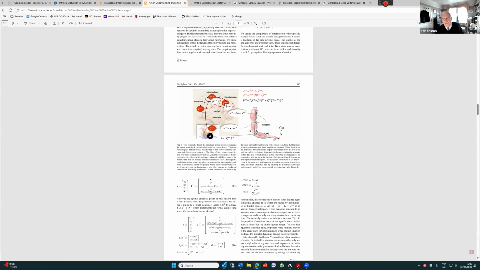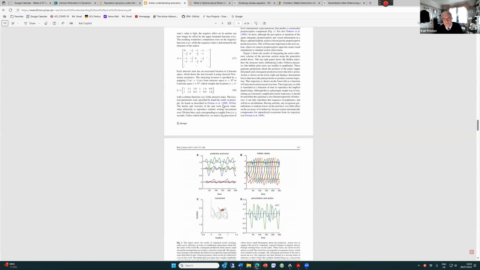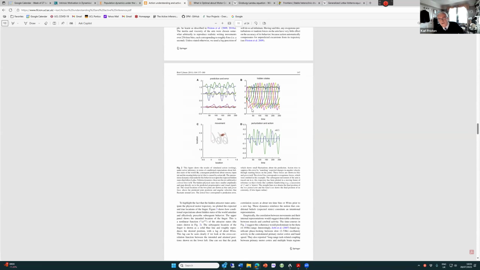And in this instance, this simulated agent used a Lotka-Volterra system just to create not a ring attractor, but a sequence of activation states that formed a cycle.